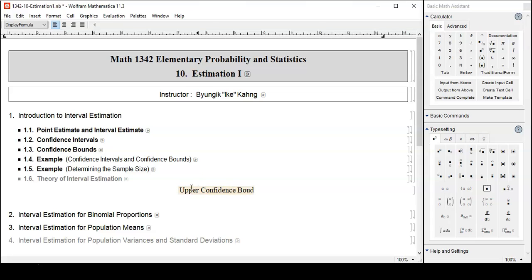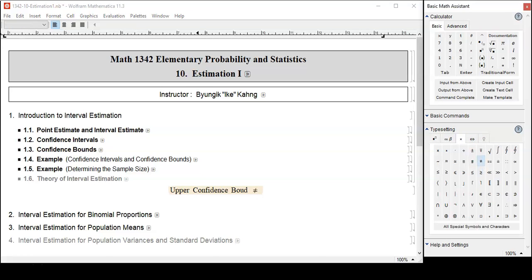There's something called the upper confidence bound, and let's write like this.